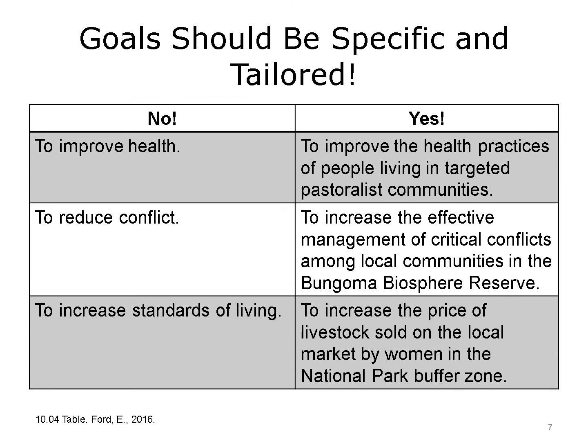Here are some examples of what not to do as well as what to do. One example, "to improve health," is far too general a statement. We don't know what population it applies to or how we're going to go about it. The next example, "to improve the health practices of people living in targeted pastoral communities," might be something a church group would do.